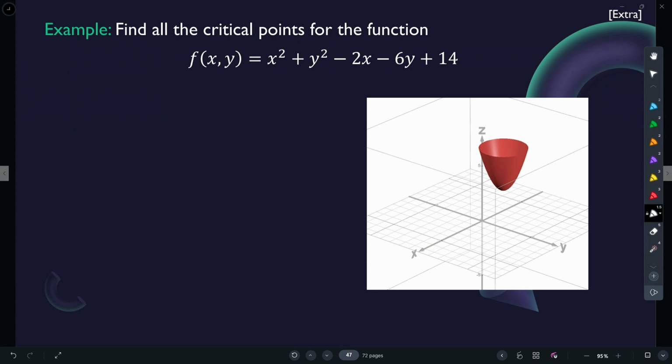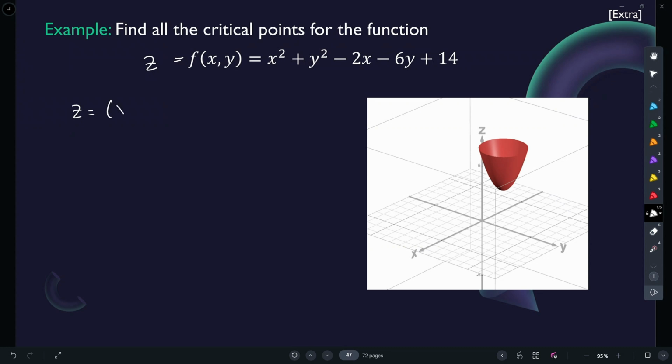Because I can complete the square of this quadric. So if I set z equal to that, this is a quadric surface, the graph is, and I can complete the squares to show that this is equal to x squared minus 2x.